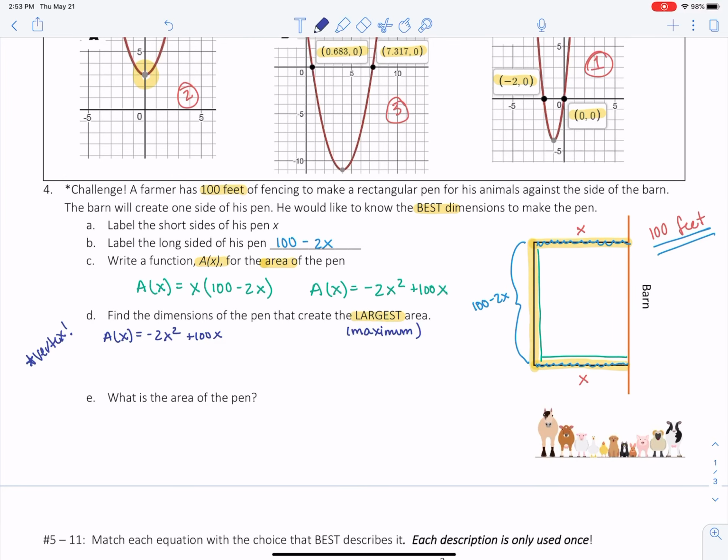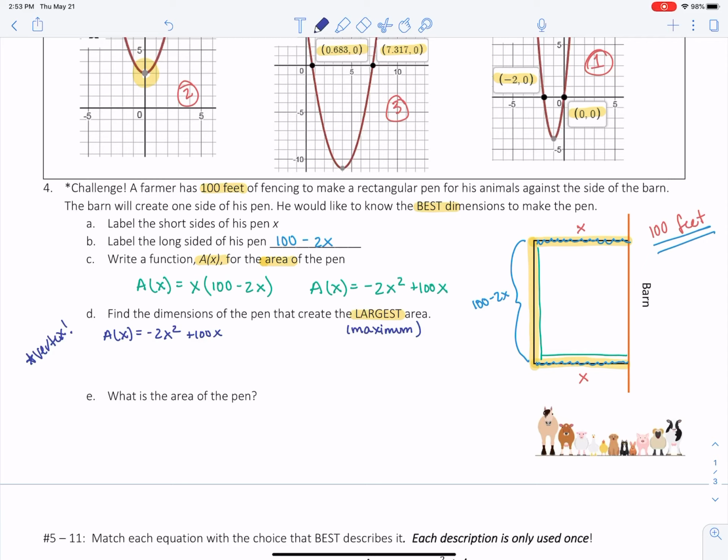In order to find my vertex, I need to say x is equal to negative b over 2a, meaning that x is equal to negative 100 over 2 times negative 2. And when we solve for that, we have negative 100 over negative 4, which is equal to a positive 25.